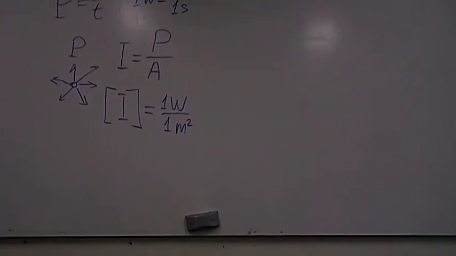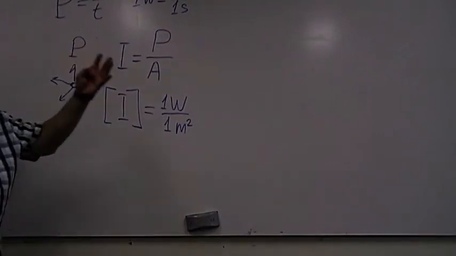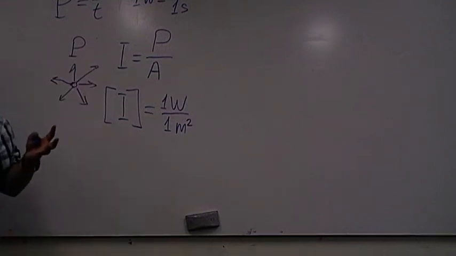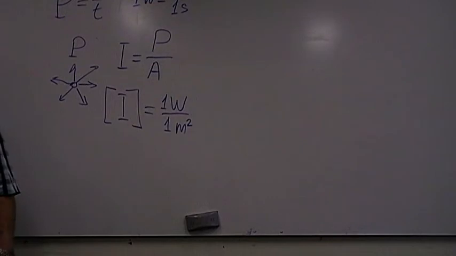Now, when it's evenly distributing in all directions, it creates a sphere. What is the formula for area of a sphere? Is that 4 over 3 pi r cubed? That's the volume. 4 pi r squared, yes.